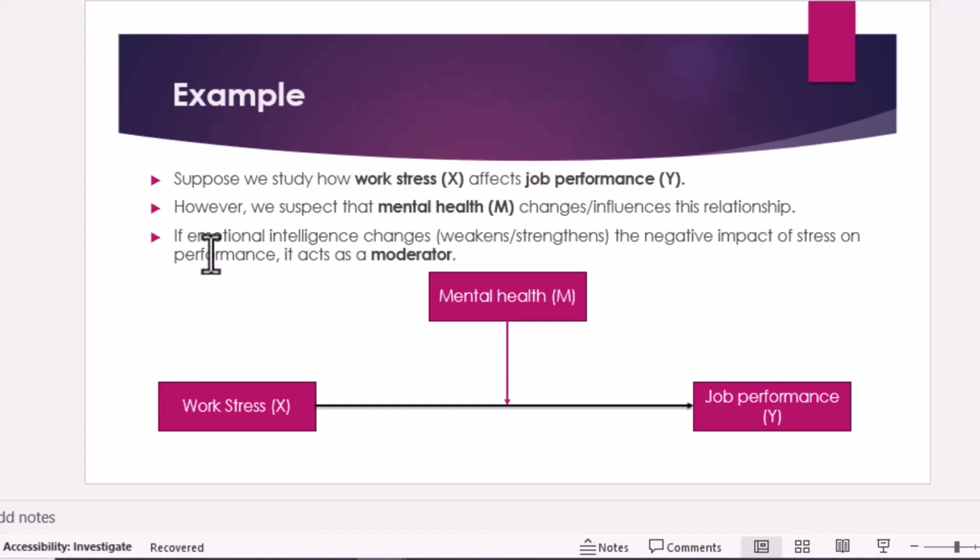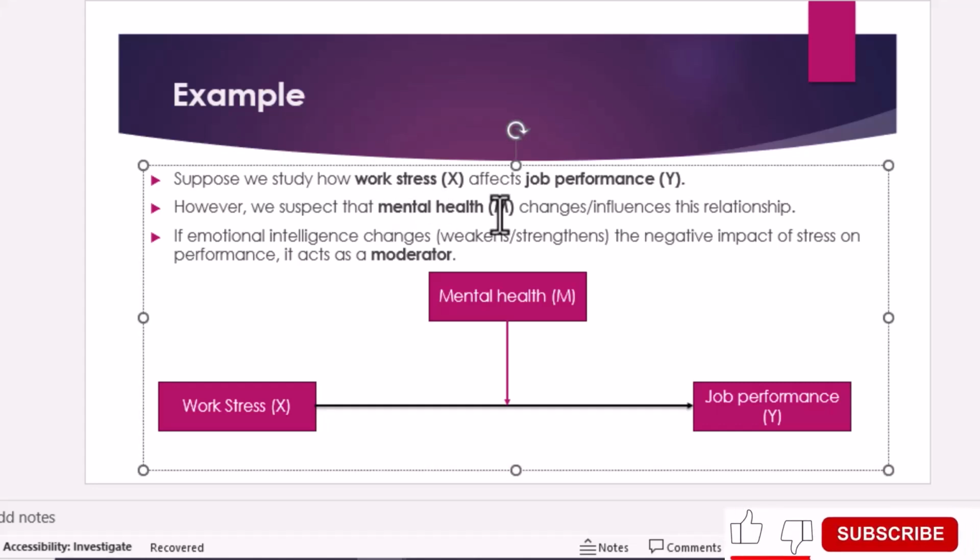Suppose we want to study how work stress affects job performance. However, we suspect that another variable called mental health changes this relationship. So how do we go about it?